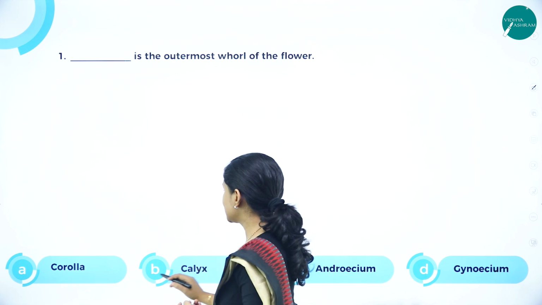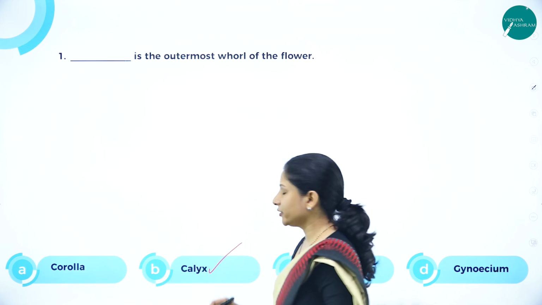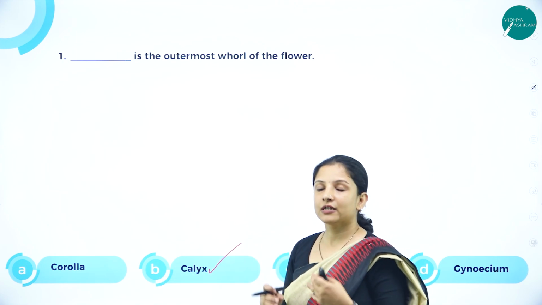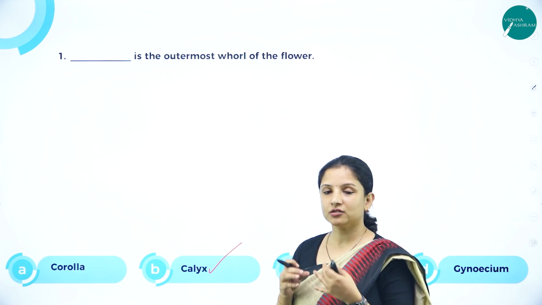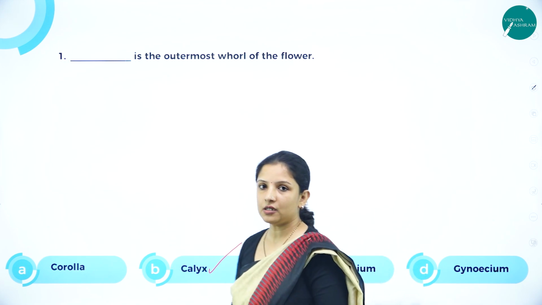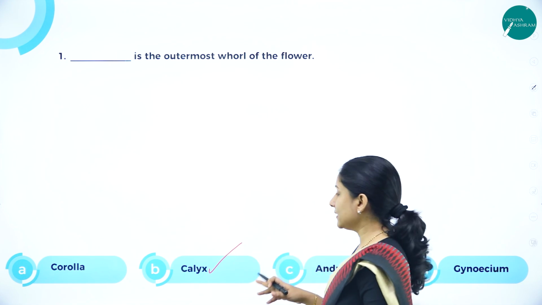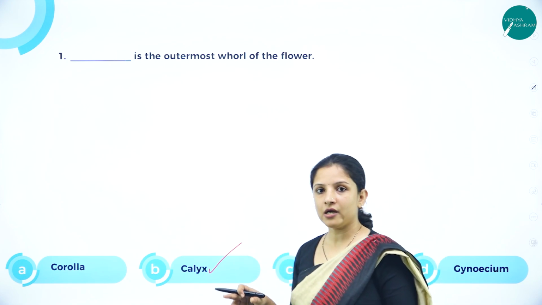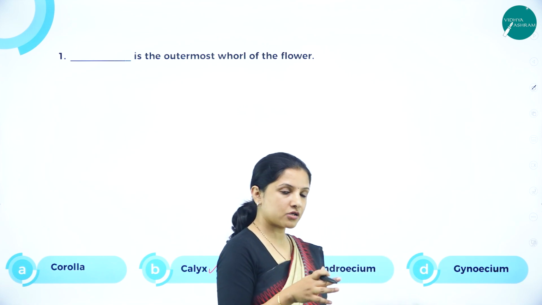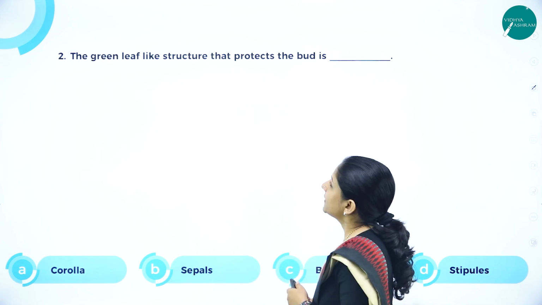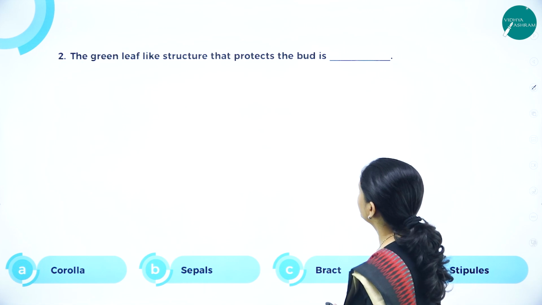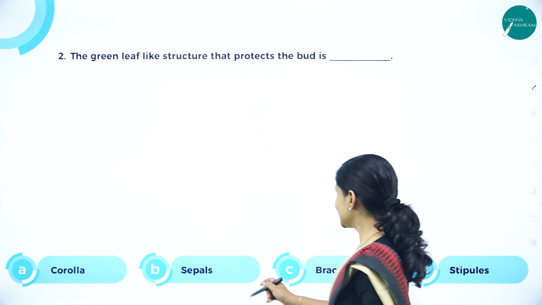Calyx is the outermost whorl because calyx is the sepals, green, reduced leaf-like structures which form the outermost whorl of the flower. Corolla is the next whorl which is inner to the calyx, androecium is inner to corolla, and gynoecium is inner to androecium, and it is the innermost whorl. Next, the green leaf-like structure that protects the bud is the sepals.